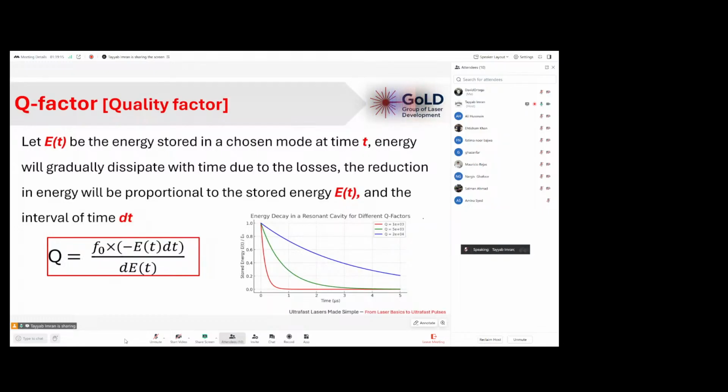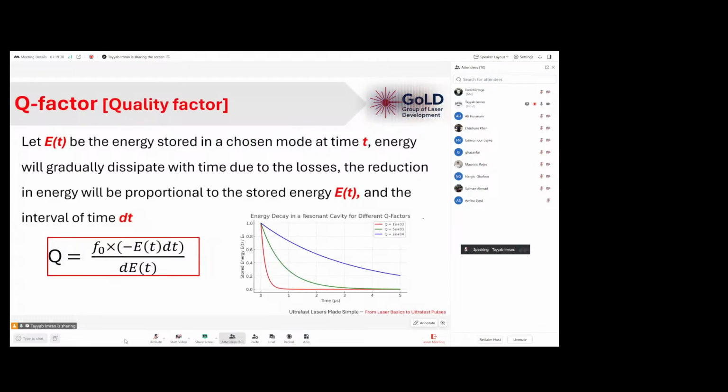A similar kind of equation here for the quality factor, just with letters. If E is energy, this is the energy of any chosen mode at time t.